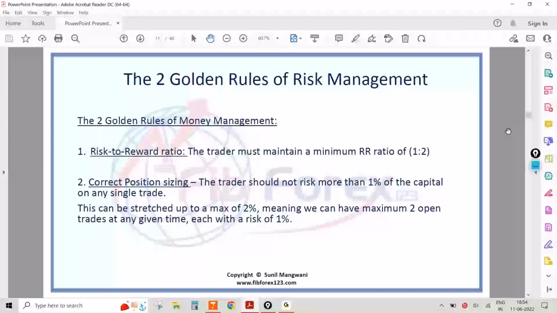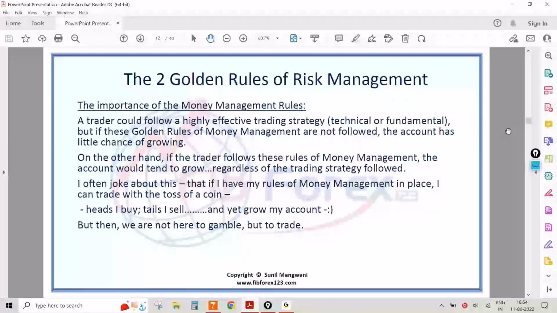Now, before getting into the details of these two golden rules, first, the importance of these two golden rules. I could give you the most effective trading strategy, but if you don't follow this, your account has little chance of growing. On the other hand, if you strictly follow these rules, your account would tend to grow regardless of whatever strategy you follow.